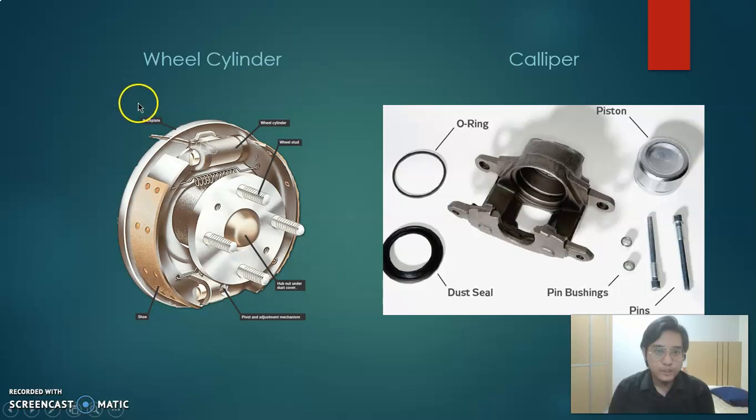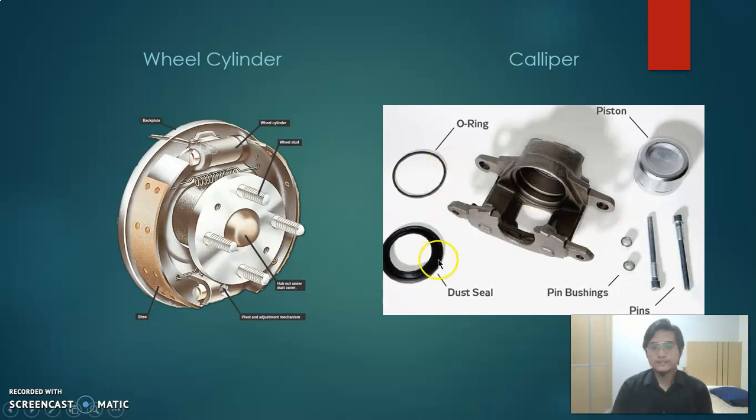When the pressurized fluid enters the wheel cylinder, it will push the pistons at both ends of the wheel cylinder outward, where the shoes are attached, and they will engage the drum brakes. This will cause deceleration. For the caliper, the piston is inside the caliper here.